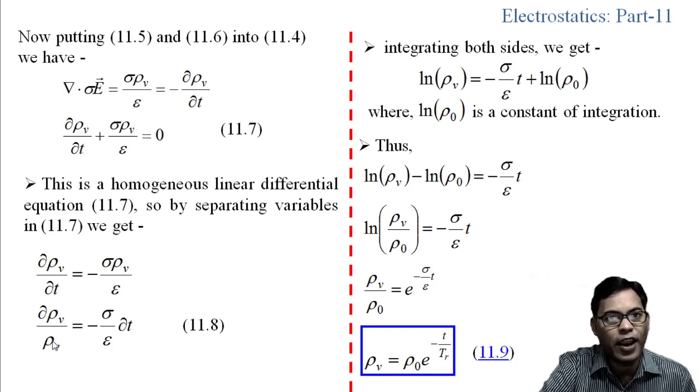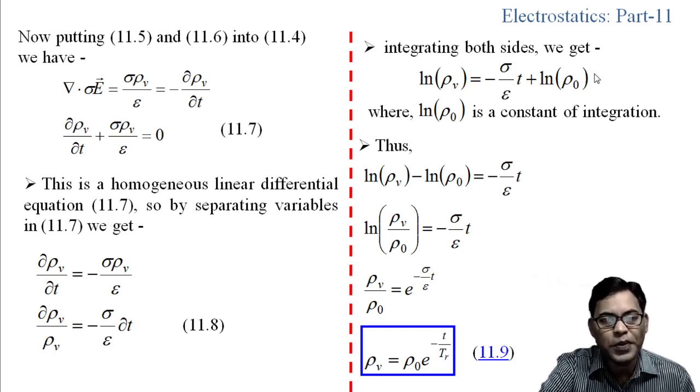Integrating both sides, the integration of dx by x is ln x. So we will get ln rho V equals minus sigma by epsilon into t plus the constant of integration, ln rho naught.